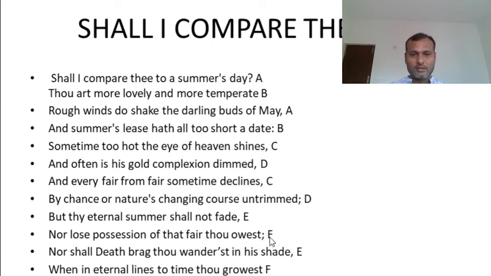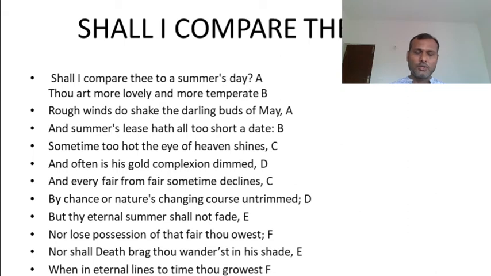So this "owest" rhymes with the last word of the 12th line, "growest." Owest, growest. So F, F. So now the rhyme scheme will be A, B, A, B, C, D, C, D, E, F, E, F.